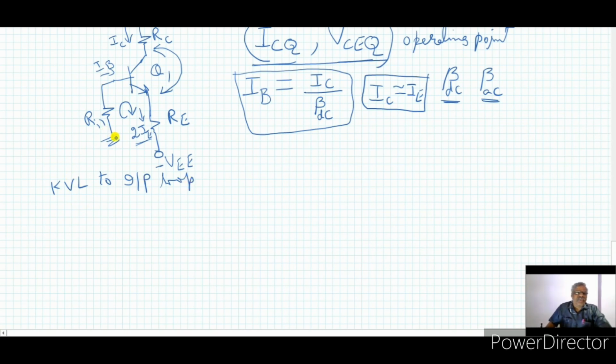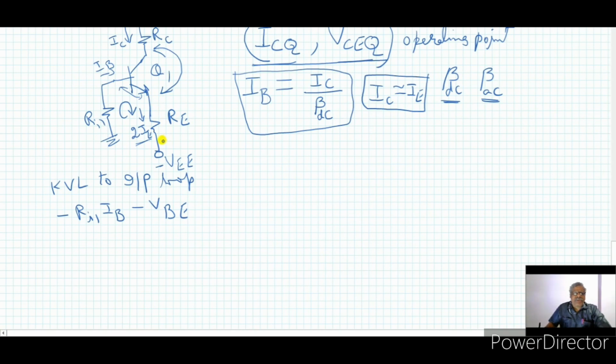What do we get from here to here? The current flowing through RI1 is IB. Assume that IB is existing. So the drop across that gives us minus RI1 into IB. From base to emitter, this drop is minus VBE.